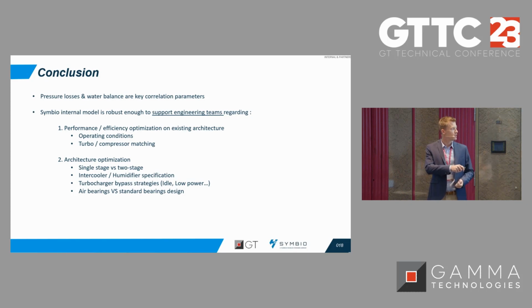We can evaluate some idle and low power strategies because you need to regulate your system, to control the system. And we can also perform further studies in component design, like the bearings for the turbo compressor. You can study standard bearings, hair bearings, and so on.